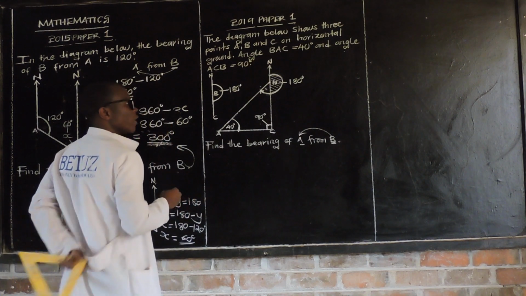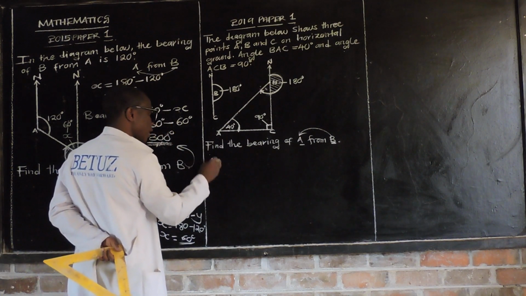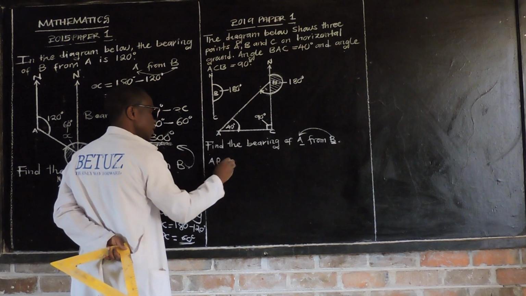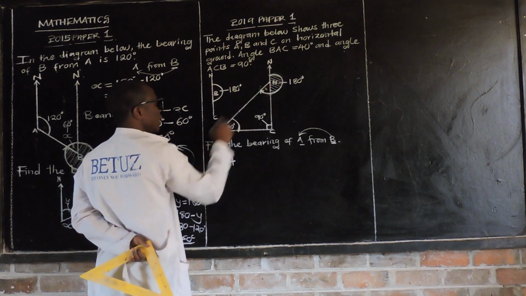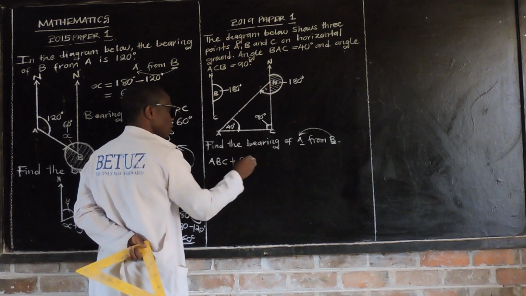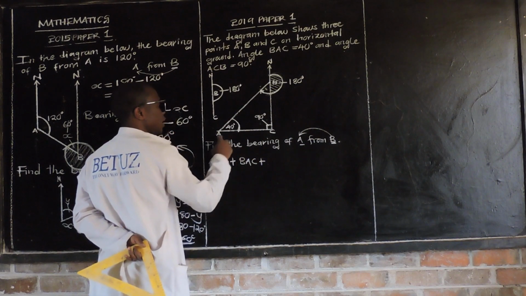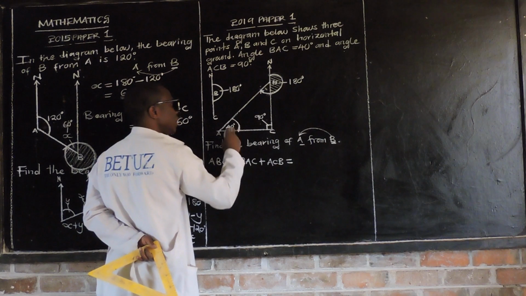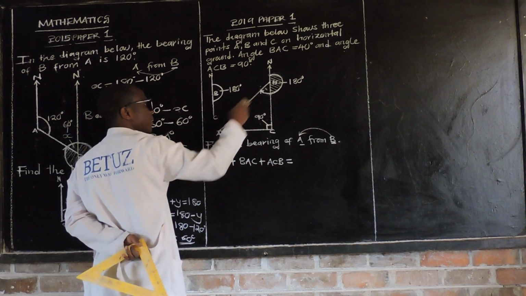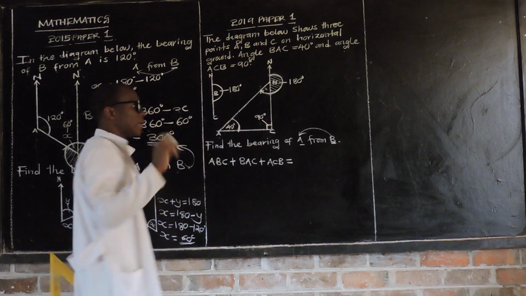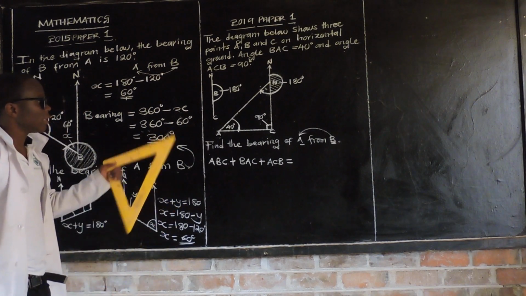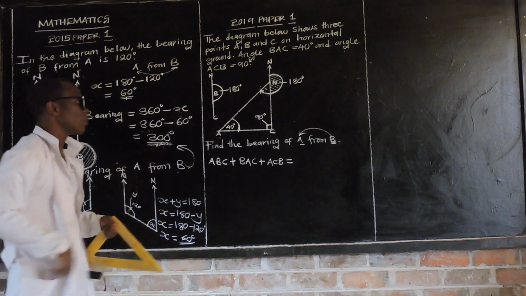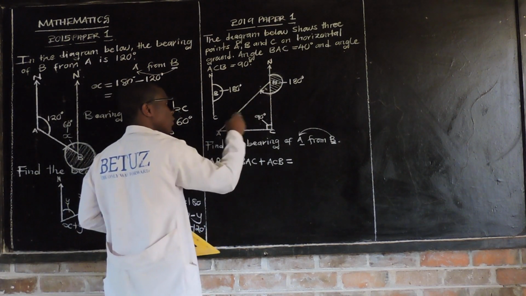So for us to find angle ABC, we know that angle ABC plus angle BAC plus angle ACB add up to 180. In short, there is a property in mathematics which states that the sum of interior angles in a triangle is 180.